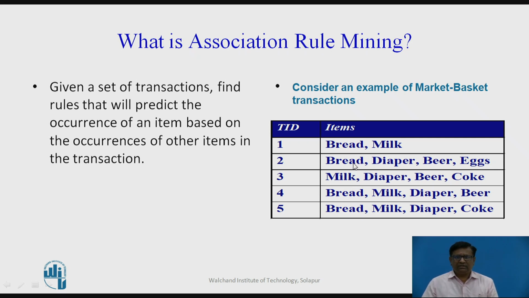These are isolated transactions, but in transactions 1, 4 and 5, the atom bread is associated with milk. That's why, given a set of transactions, we find the rules that will predict the occurrence of an atom based on the occurrences of other atoms in the transactions.